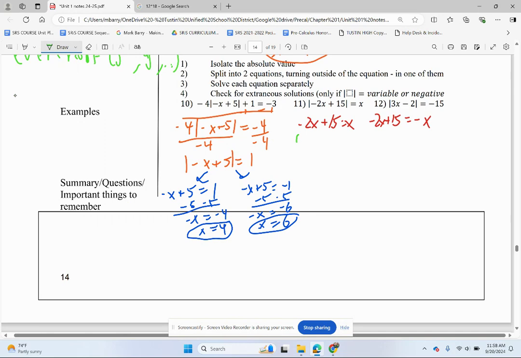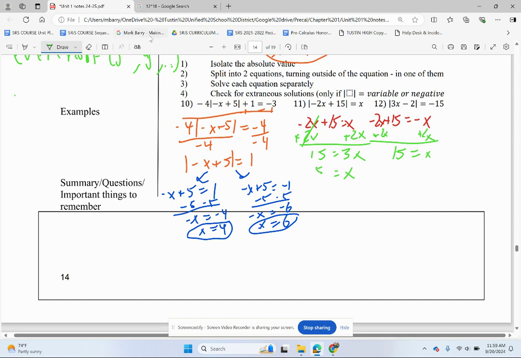So on these ones, I would add the 2x over to the right. It'll just be less steps that way. And then I'll divide by 3, so over here x equals 5. All right, and then on this one, I will add the 2x over here again. And then this one would say 15 equals x, so that one's actually already solved as well.